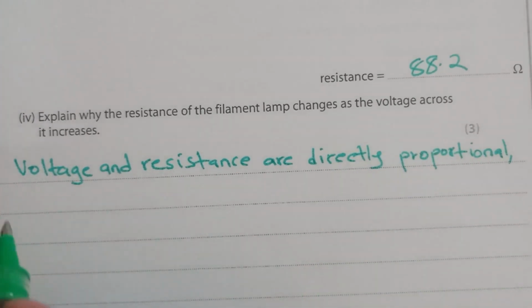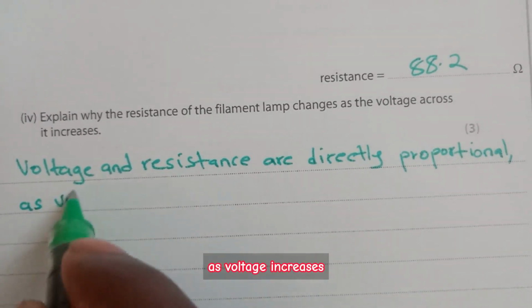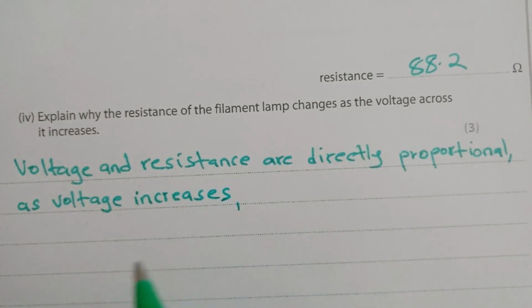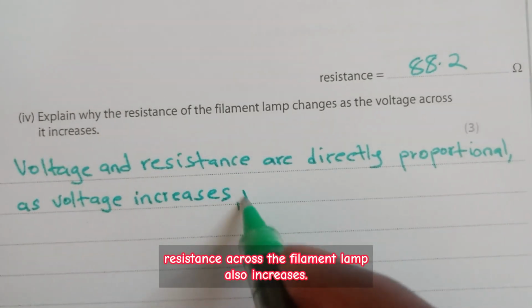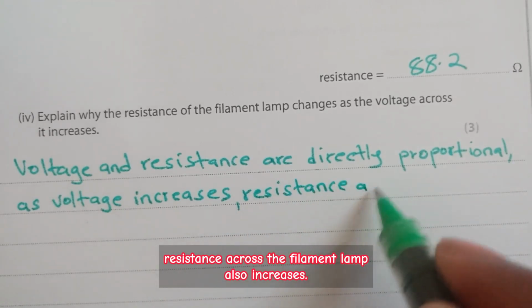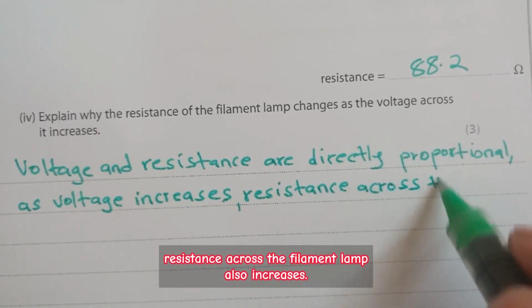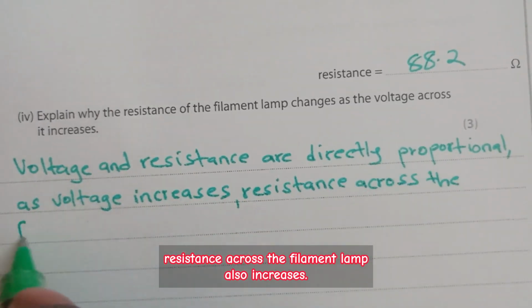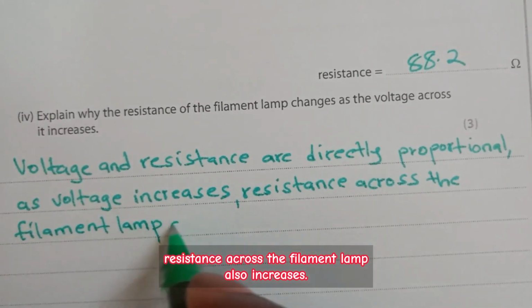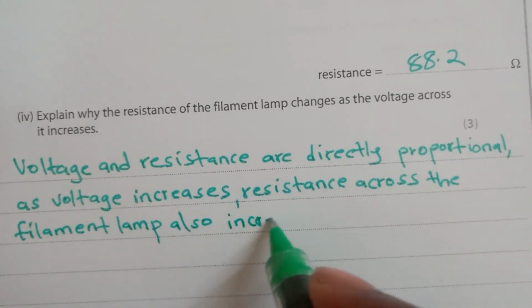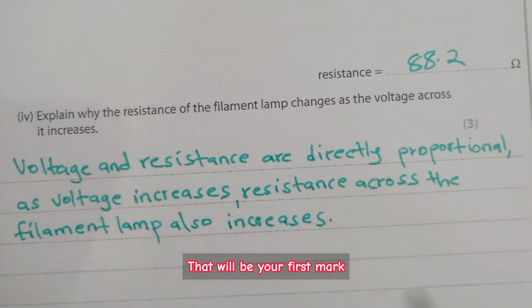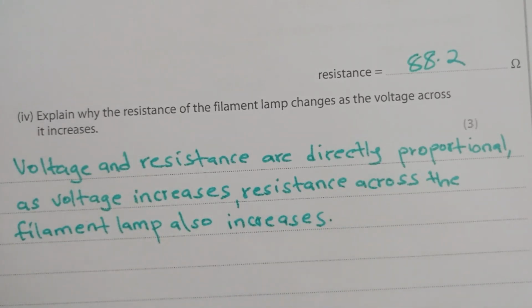That means as voltage increases, resistance across the filament lamp also increases. That will be your first mark.